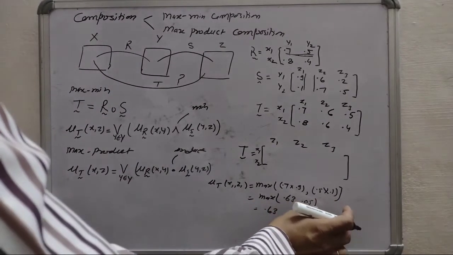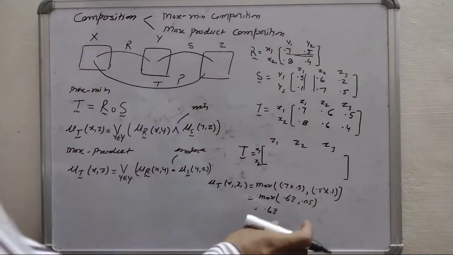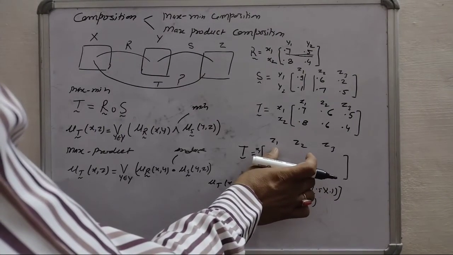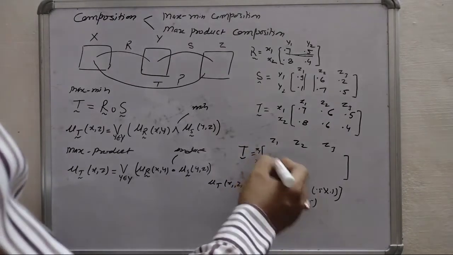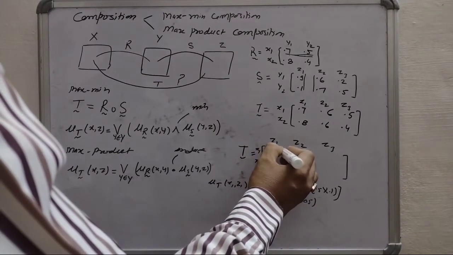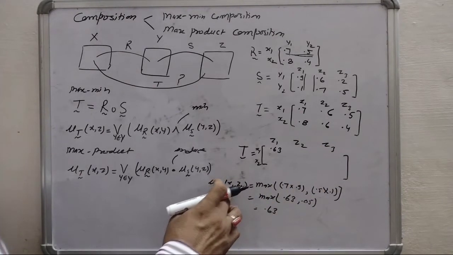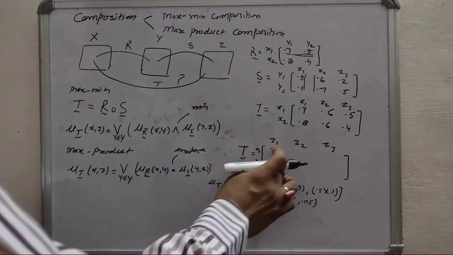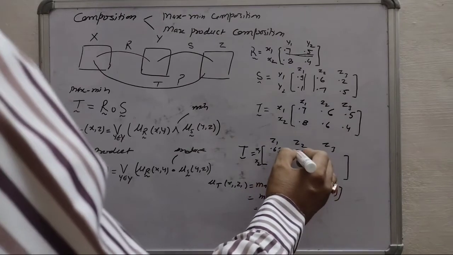This is the maximum value out of these two. So we can get the relation strength of first element x1 z1 of relation matrix T. So here we can write 0.63. In this way we can find out x1 z2, x1 z3, then x2 z1, x2 z2 and x2 z3.